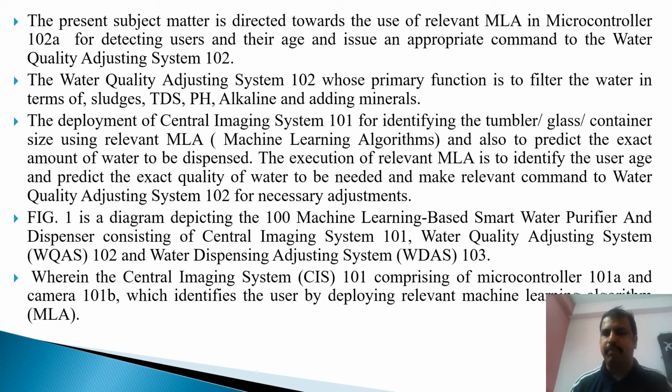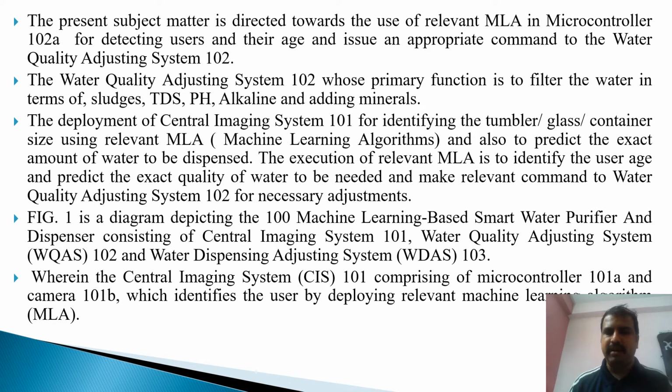This 102's primary function is to filter out all the impurities, add minerals, and alkalize the water. The parameters that are to be included or excluded are based upon the command signal received from 101A, and that command signal is based on the outcome of a relevant machine learning algorithm, right?